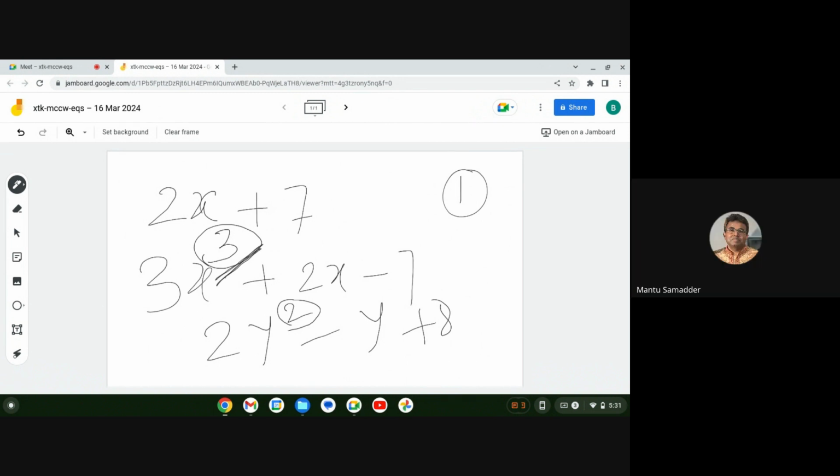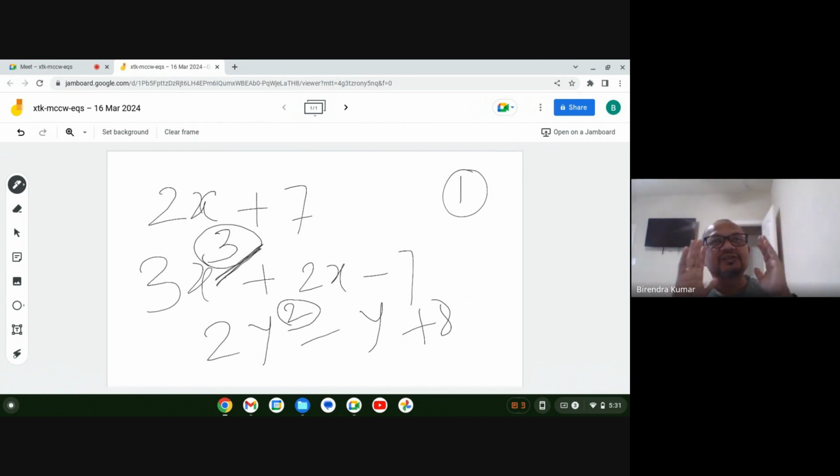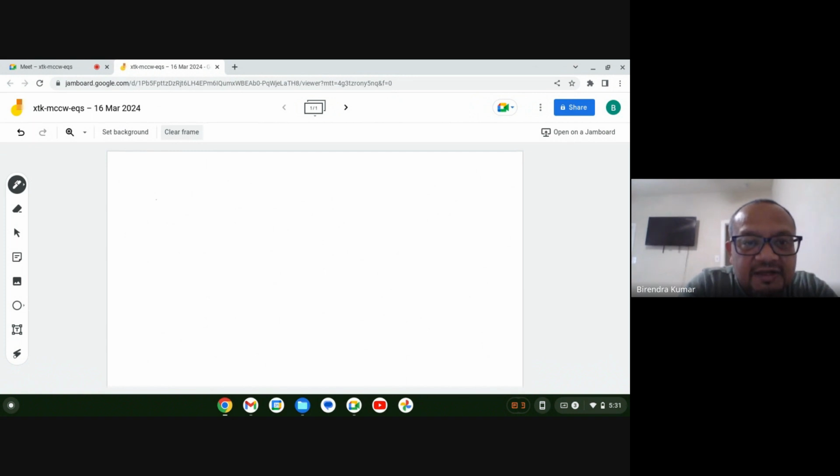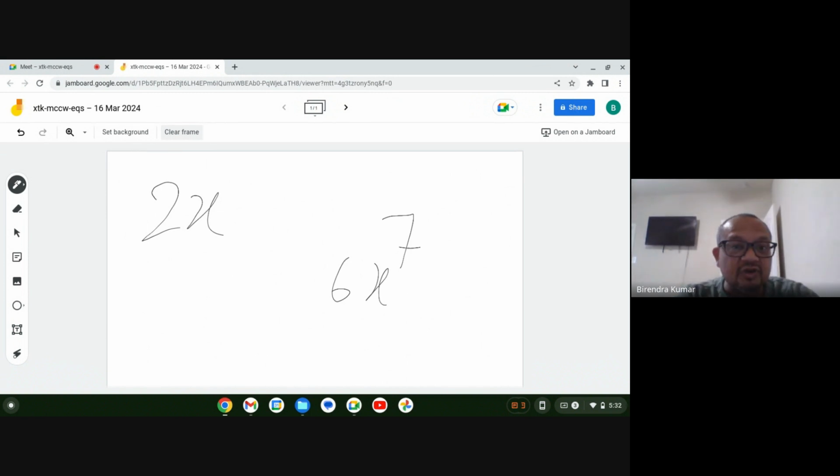First thing we learned was what is a polynomial expression. If it has one term, it is called a monomial expression. If it has two terms, it's called a binomial expression. Now, if I look at this expression and this expression, both are monomial because each has only one term.